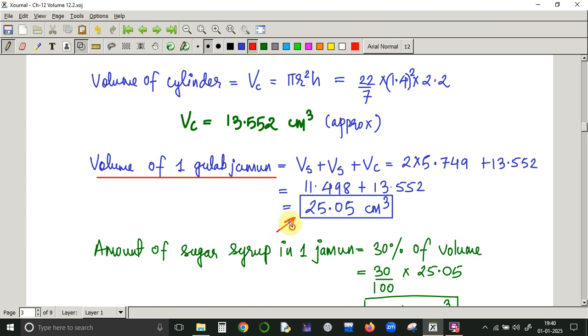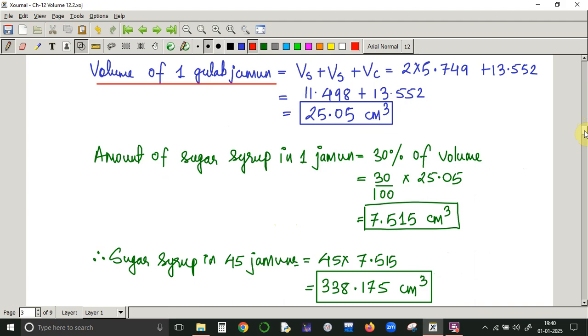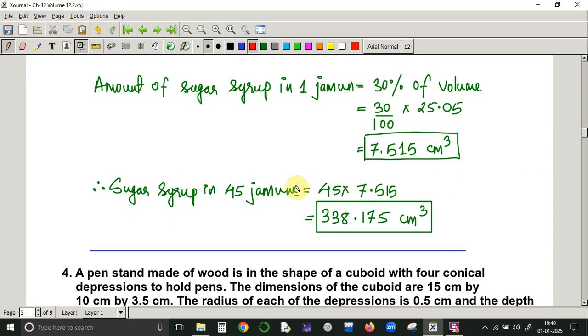Now one gulab jamun contains 30% of sugar syrup. The amount of sugar syrup in one gulab jamun is 30% of the volume, 30 upon 100. So this much volume is sugar syrup. This is the volume for one gulab jamun, so multiply it by 45.